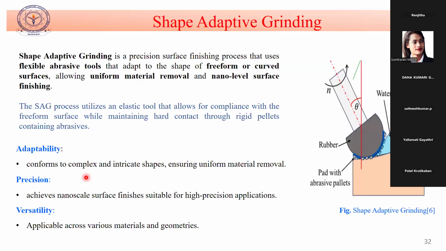So next we thought about another challenge. Let's say the abrasive pad that we have wrapped on the periphery of this elastic tool, after some time the abrasives wear out on the pad, and the workpiece size is not very small, it has some particular size.